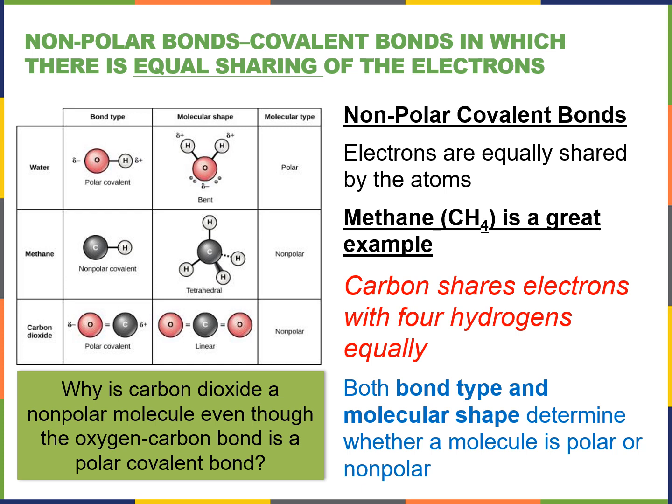The carbon equally shares the electrons. For every instant the electron's around the carbon, another given instant it's around the hydrogen, and back and forth equally. Thus it doesn't set up a positive-ish end or a negative-ish end. We're going to find that many of the molecules that make up our bodies are going to be non-polar.